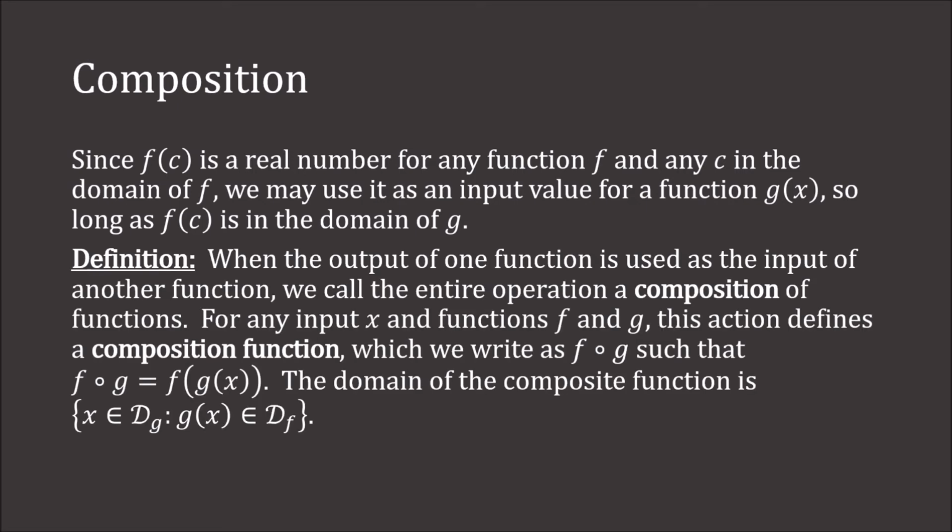When the output of one function is used as the input of another function, we call the entire operation a composition of functions. So for any input x and functions f and g, this action defines what's known as a composition function, which we write as f, this open circle, g, such that f of g is f evaluated at g of x.